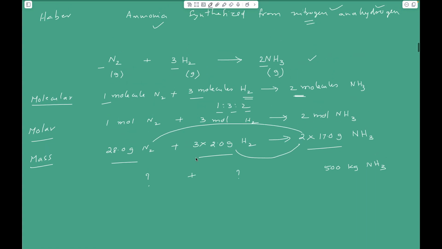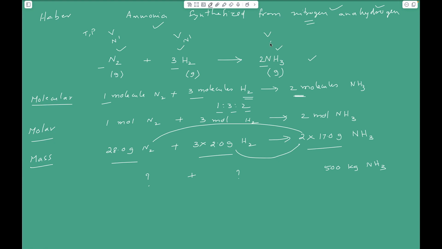Now, nitrogen, hydrogen and ammonia are all gases under the conditions this reaction is carried out. And in case of gases, we have a special law called Avogadro's law that states at a particular temperature and pressure, if you take equal volumes of different gases, then they must contain equal number of molecules, right?